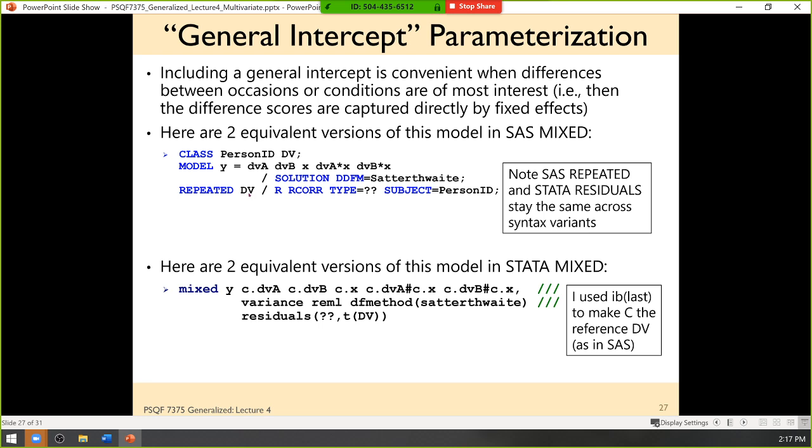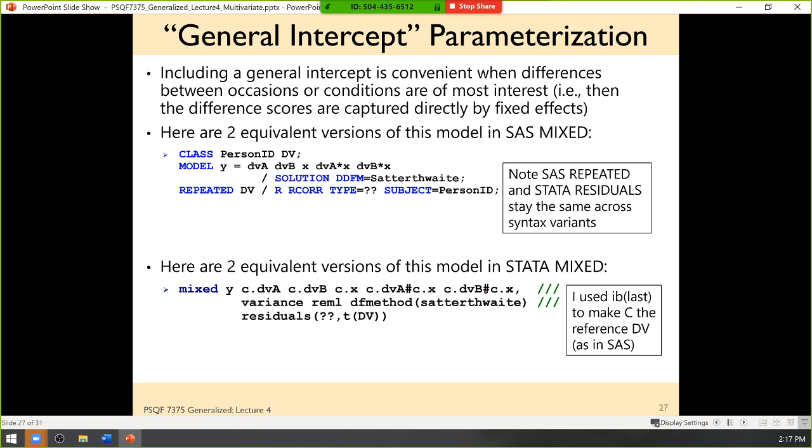On the repeated line is the categorical index for dv. So these dummy codes are being treated as continuous by the model. They're being treated as quantitative predictors. dv is being treated as a categorical index. So anything that you put on the repeated line here has to go on the class statement. They have to go together or it will yell at you.